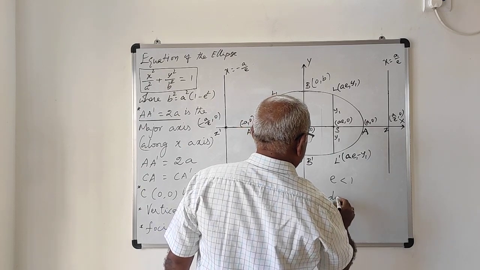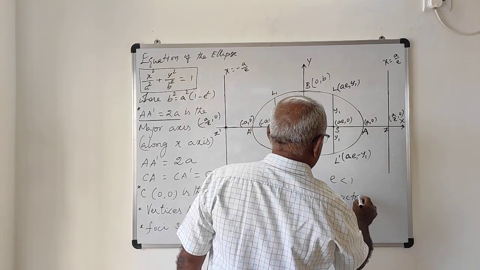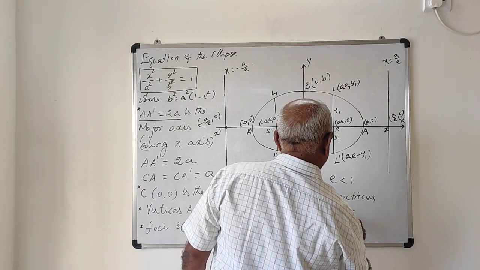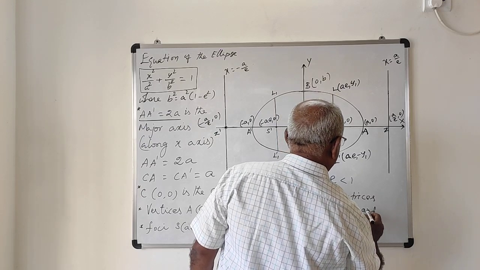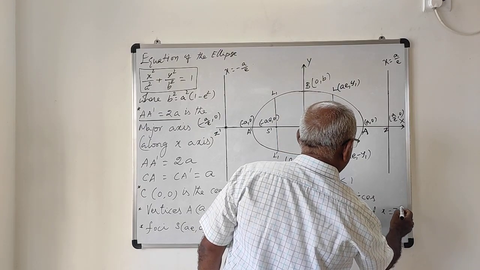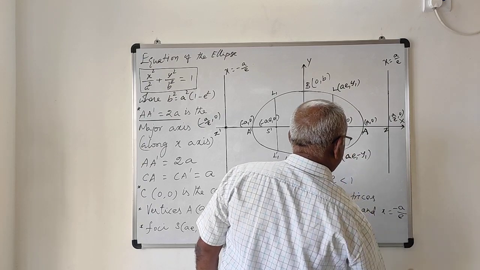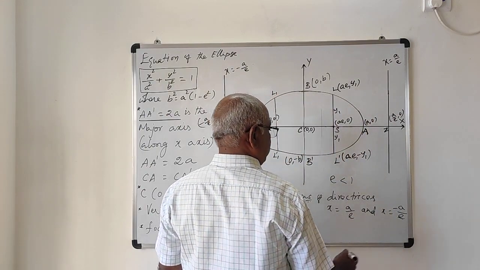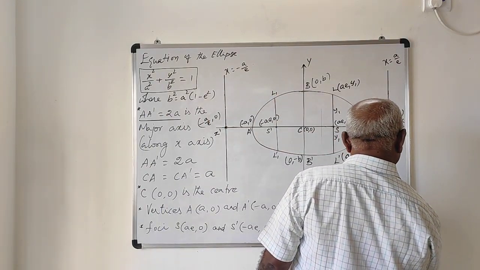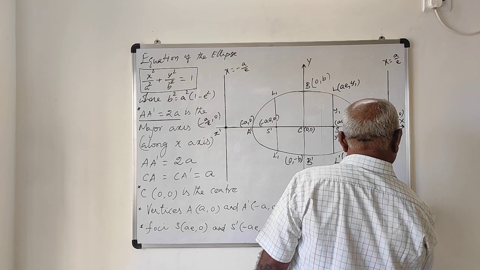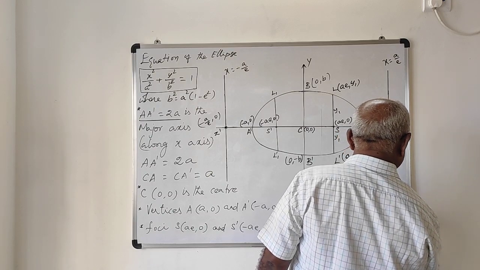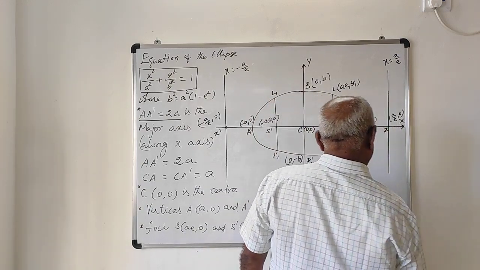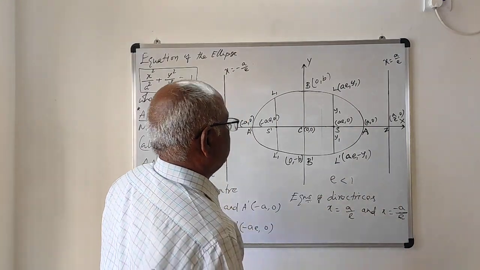That is x equal to plus or minus a by e. x equal to a by e and x equal to minus a by e are the directrices of the ellipse.